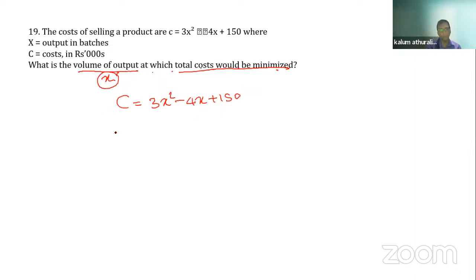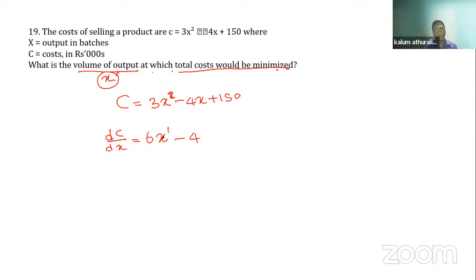What we'll do is get the first derivative. We differentiate this function. This we call dC/dx. How to differentiate? The power is 2, 2 times 3 is 6, 2 minus 1 is 1, so it is 6x. Then 4x becomes 4. This we call a constant, so it should be 0.